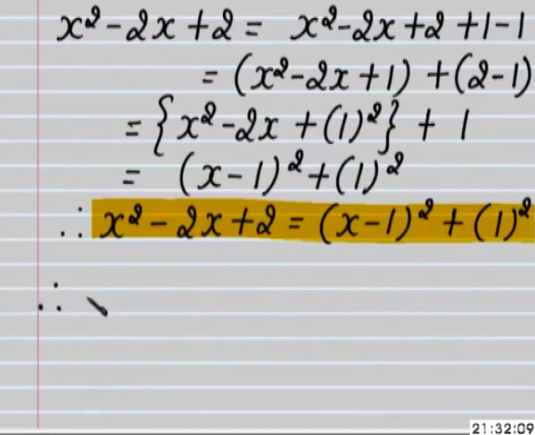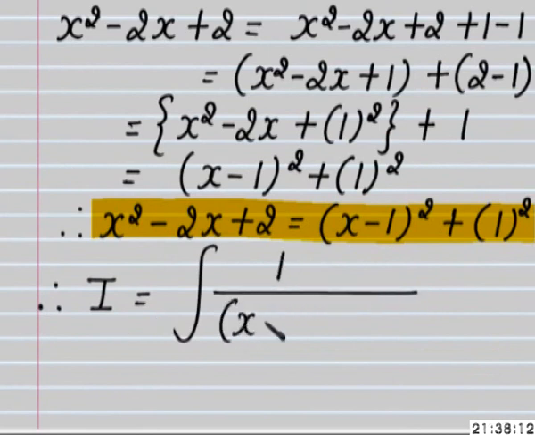Therefore, I is equal to the integral of 1 upon (x minus 1) square plus 1 square with respect to x.